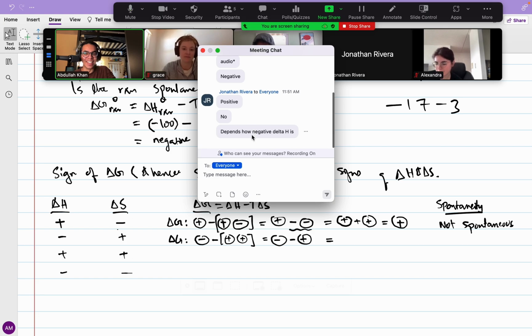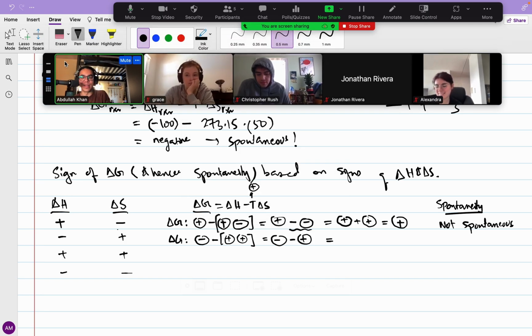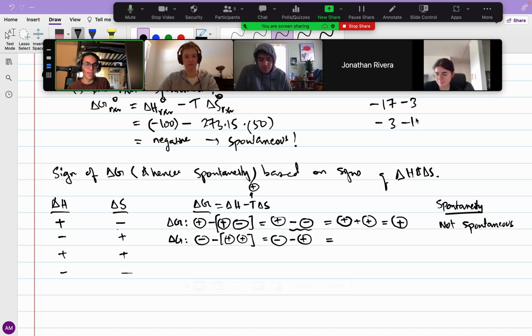Let's see. Depends on how negative delta H is. That's a thought. Okay, so let's test that real quick. You're saying that it depends on the relative magnitude of the two numbers. So why don't we check both cases? Let's do negative 17 minus 3, and let's do negative 3 minus 17. Those are the only two possible cases, right? One bigger than the other, and the other bigger than the first one. This thing comes out to a negative number.